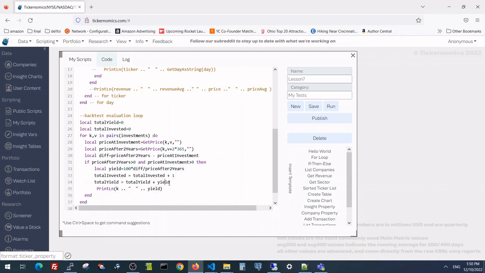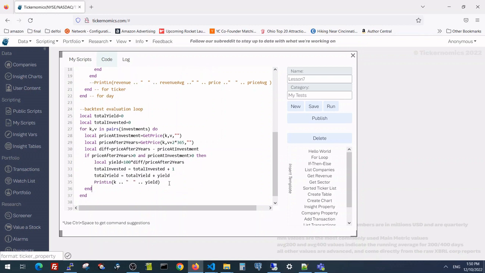Okay, and we will calculate average, which will be total yield divided by total invested.